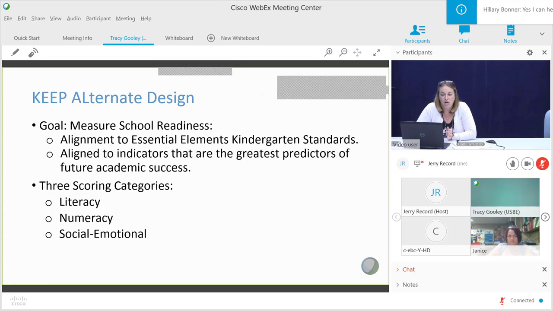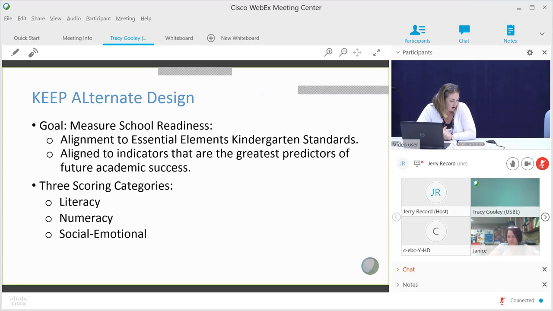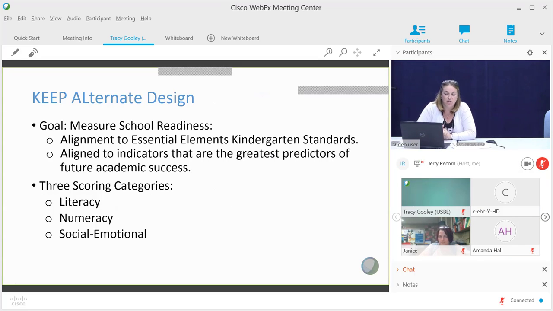So what was the goal? The goal was to create this off of the alignment of our essential elements for kindergarten standards, and it was to be aligned with the indicators that are the greatest predictors of future academic success. So what we did is we sat down with teaching and learning and assessment and said, okay, you have identified the regular standards that are your greatest predictors for students.